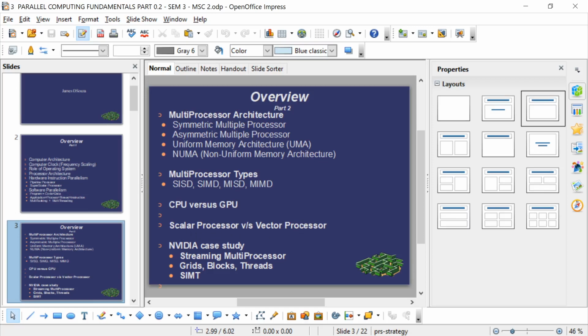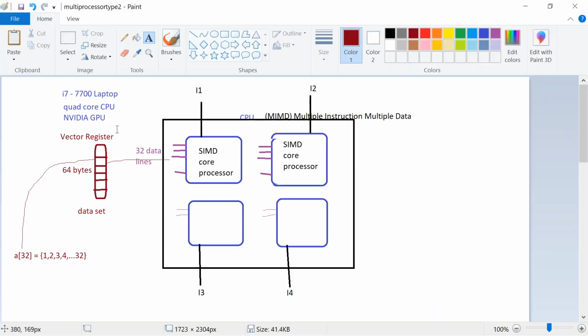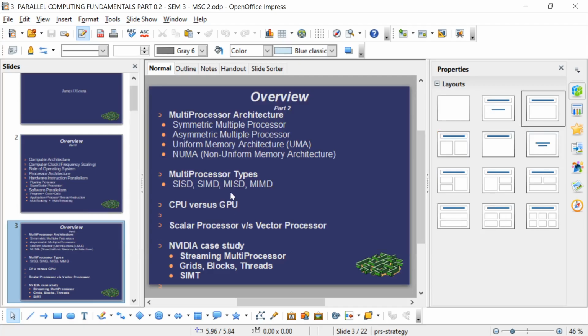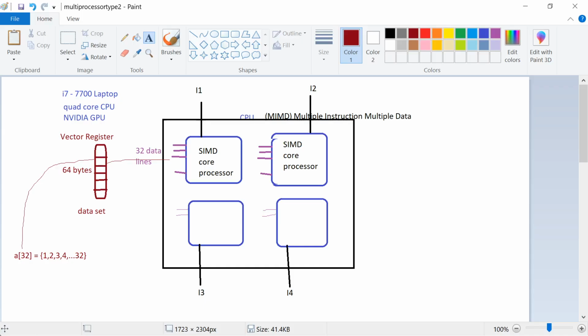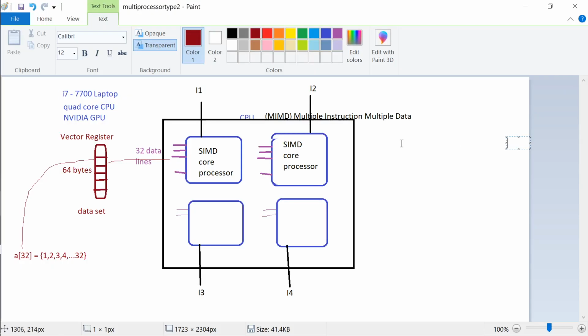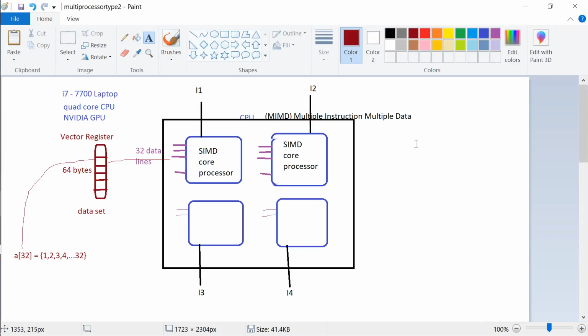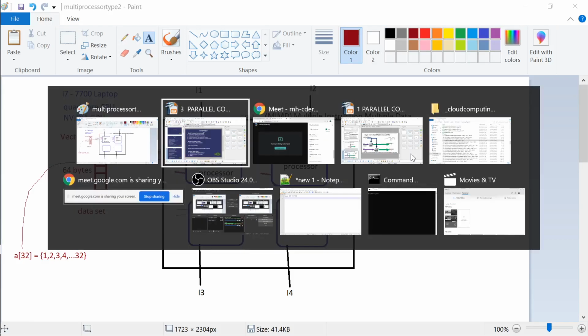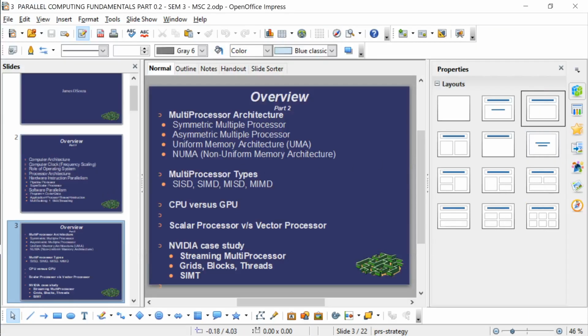So we already spoke about scalar processor and vector processor. Vector processors deal with vector data, okay. Let's go through the slides.